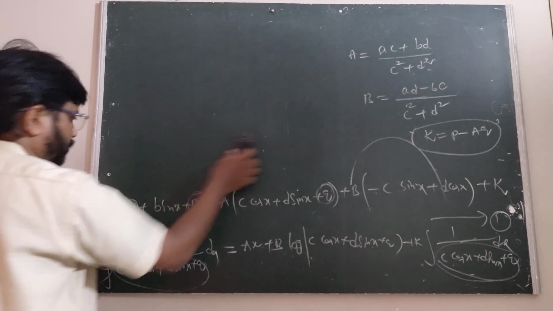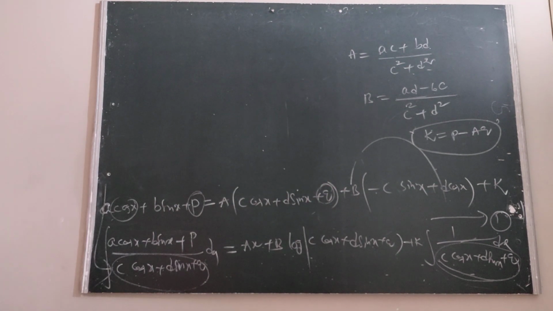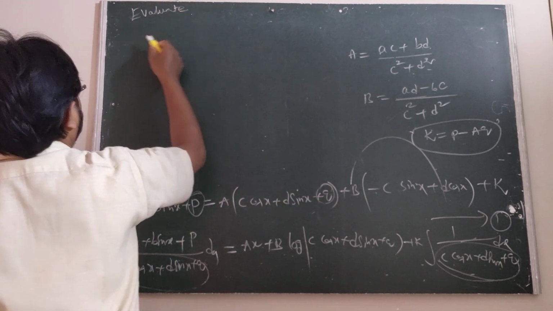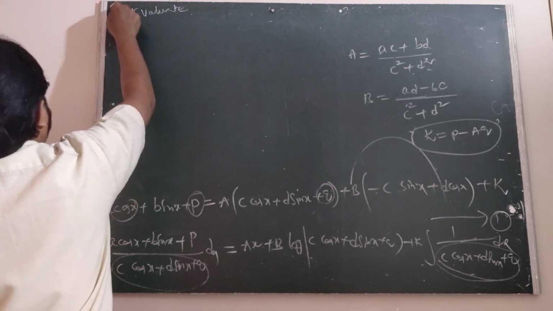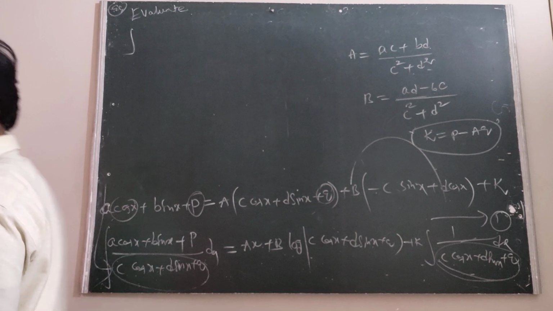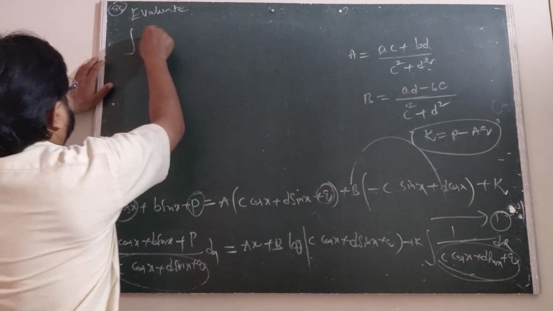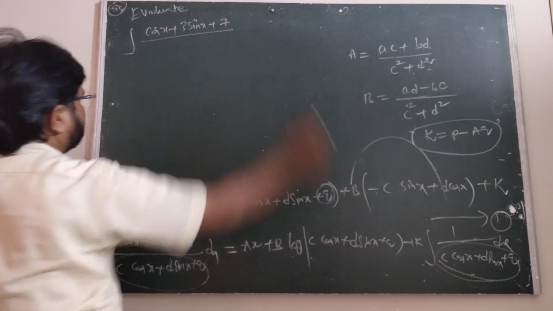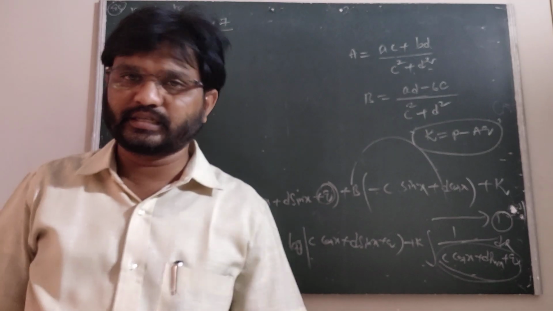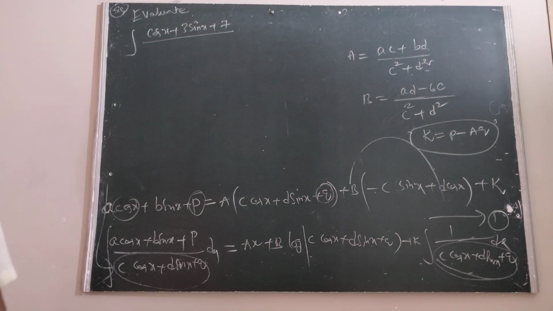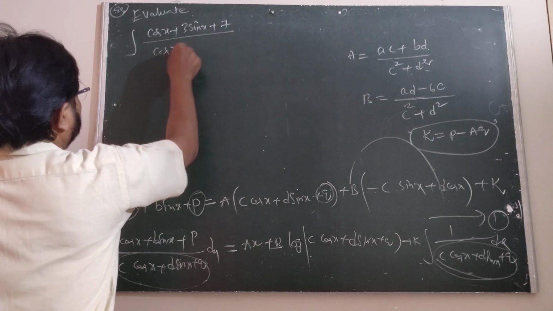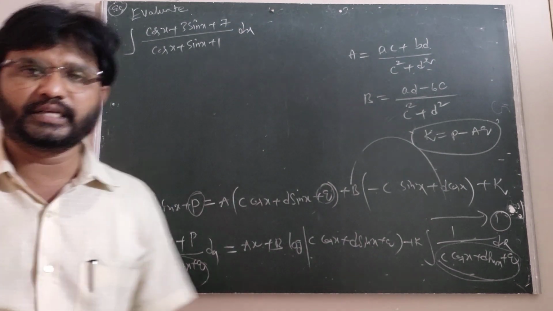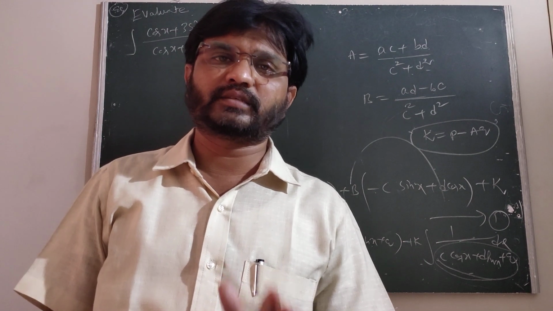Evaluate the integral of (cos x plus 3 sin x plus 7) upon (cos x plus sin x plus 1) into dx.